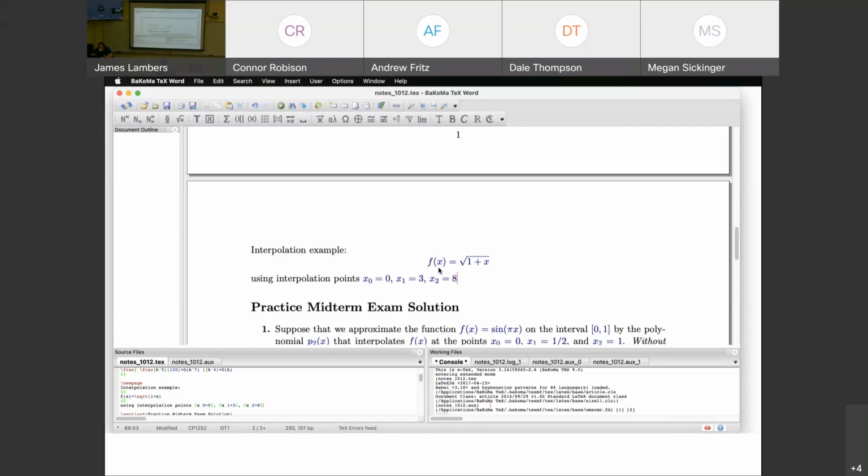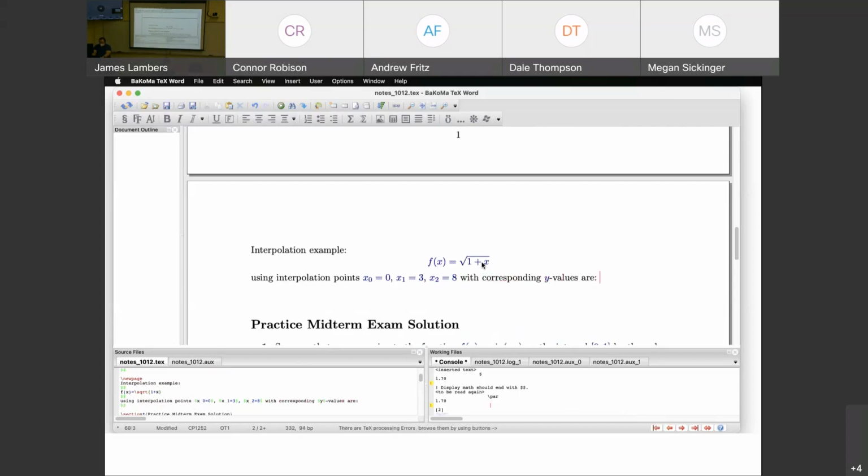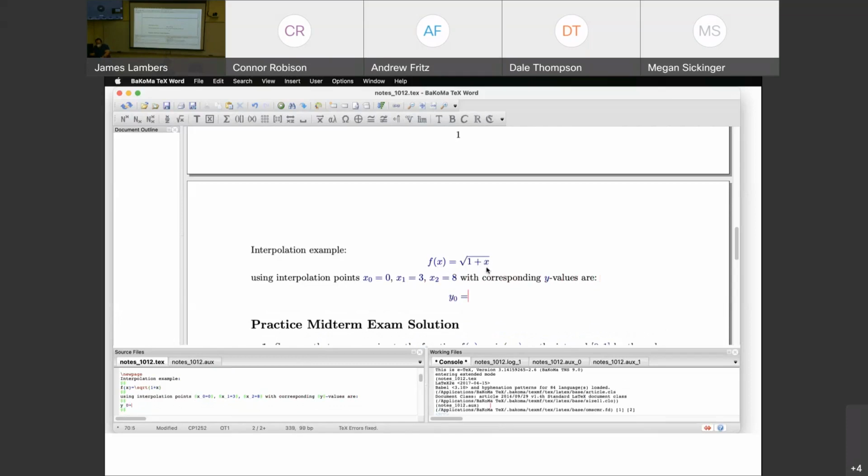And yes, I chose these to make a perfect square underneath. The function values will be nice. So the corresponding y values are, y0 is equal to, x is 0, so we have 1. y1, plug in x equal to 3, we get 2. And y2 is equal to 3. So 0, 3, and 8 match with 1, 2, and 3.